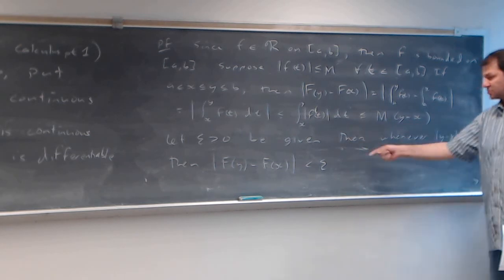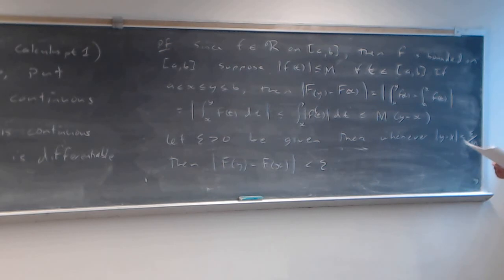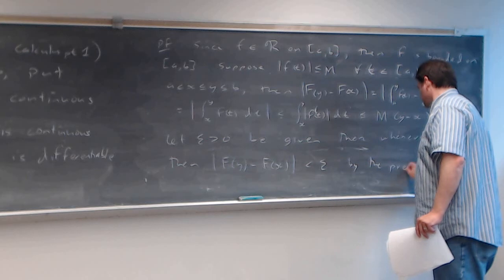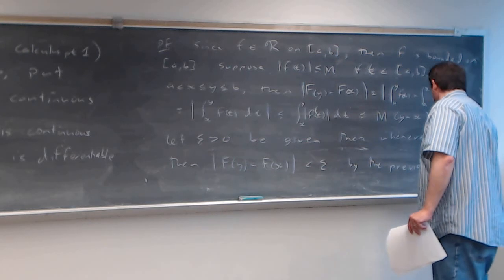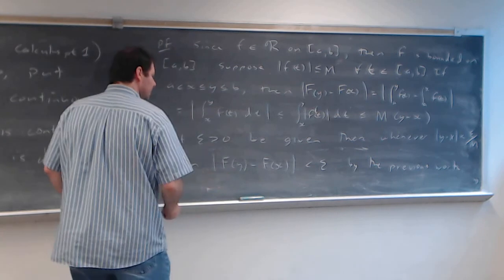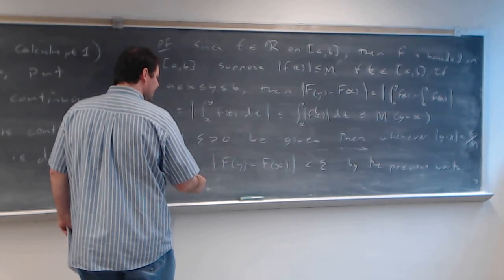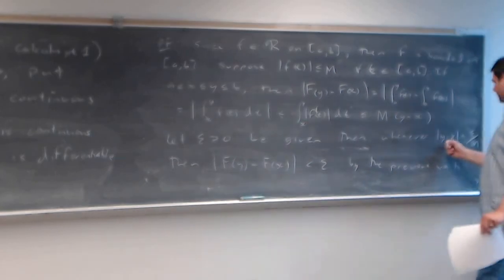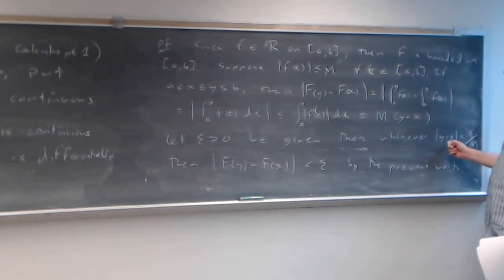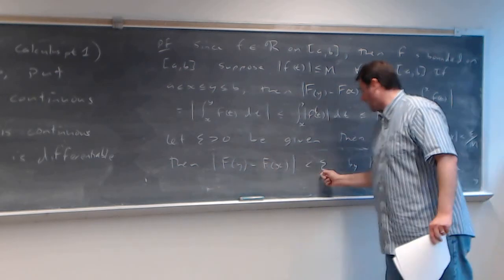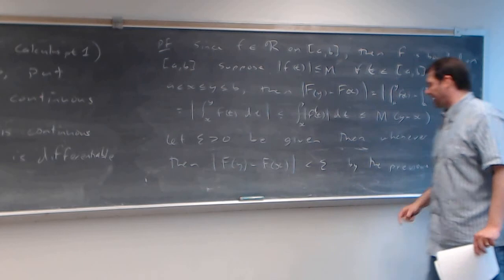Put yourselves in a similar situation to get this. Okay, let me just write it here. So we were given an epsilon greater than 0, and what we showed was, provided that the y's are close to x, within this delta units, then we can make the output values be close to F of x within epsilon units.